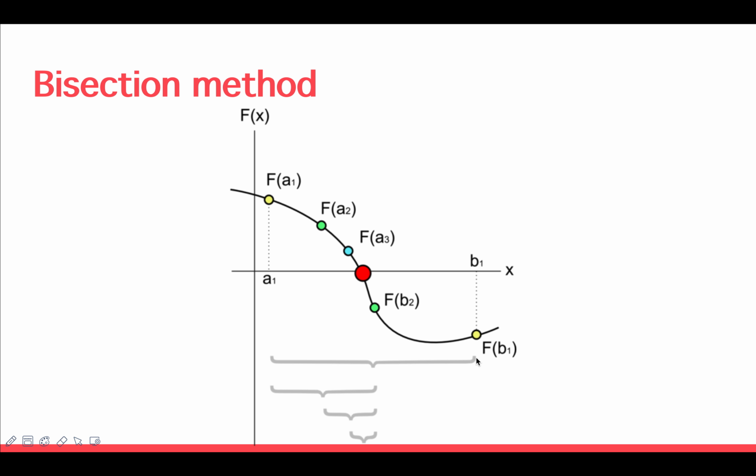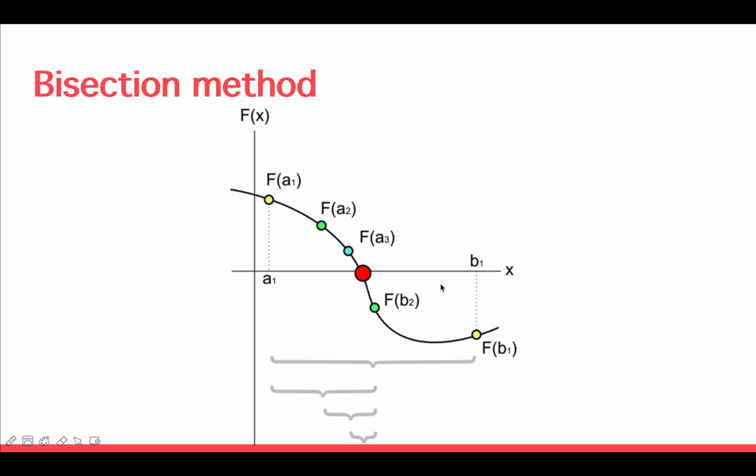So let's talk about the methods. The first one is the bisection method. This method is very simple. You find the interval and look at FA multiplied by FB. If the result is less than 0, that means they have different signs, so the root is between A1 and B1.